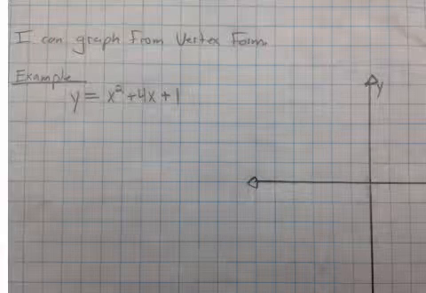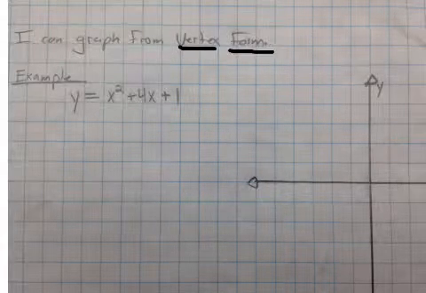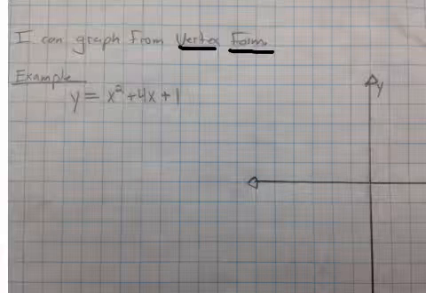Let me make a note here. So vertex form comes from completing the square.